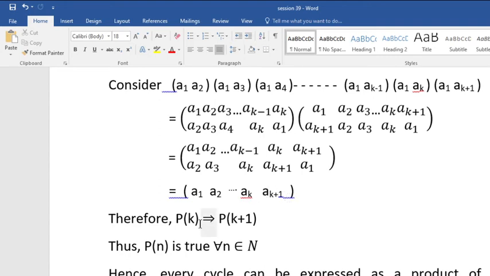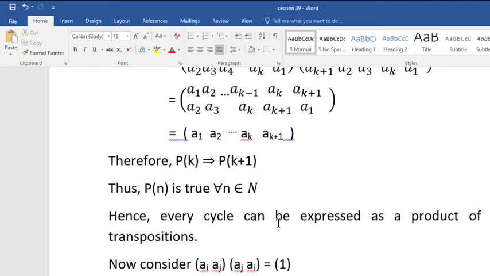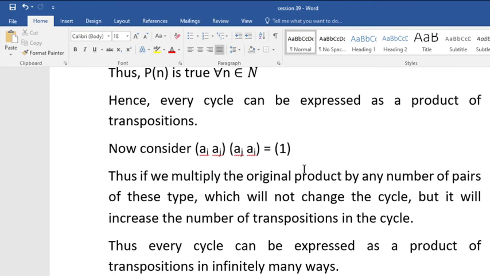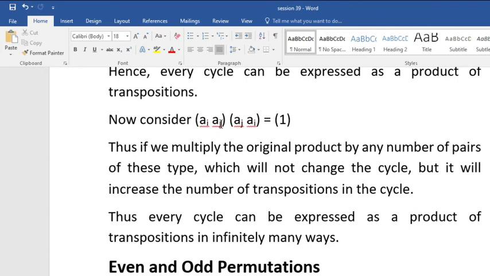Therefore we have assumed that the result is true for n equal to k, and we have got that it is also true for n equal to k+1. Hence by mathematical induction we can say that every cycle can be expressed as a product of transpositions. Now consider this in infinitely many ways. Consider (ai aj) as one cycle and another cycle (aj ai).